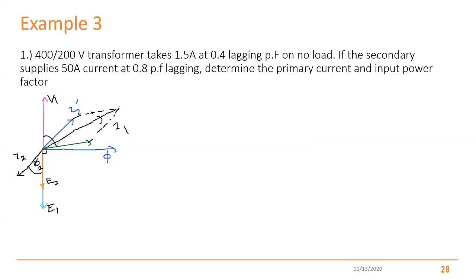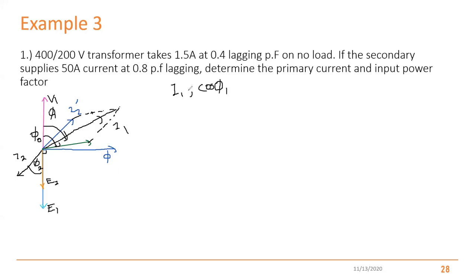This angle is phi naught, and this angle is phi 1. What you are asked to find is I1 and cos phi 1. Those are the things you have to find.